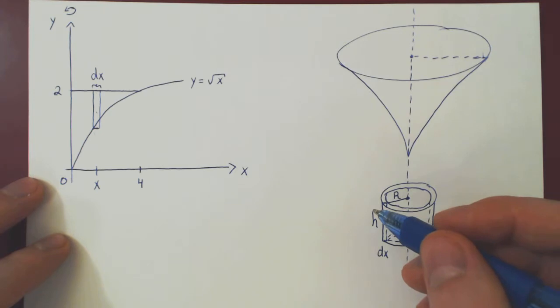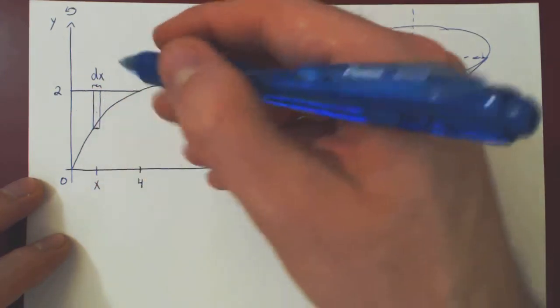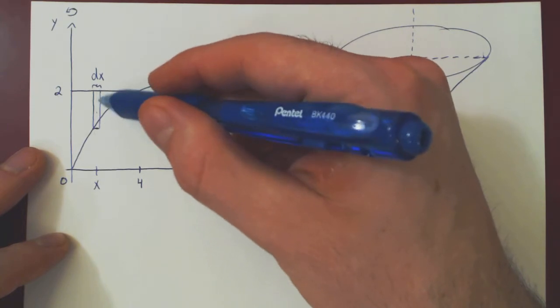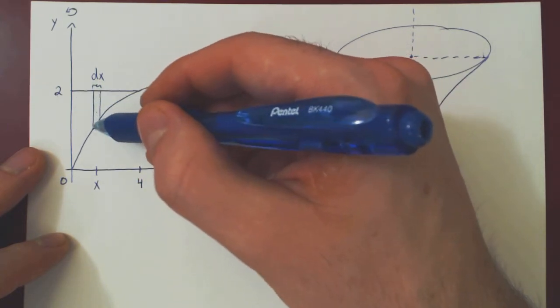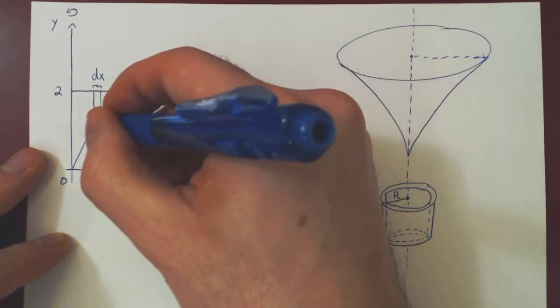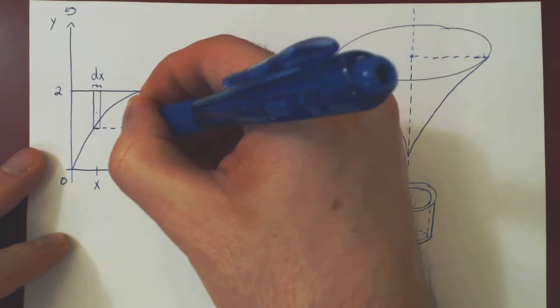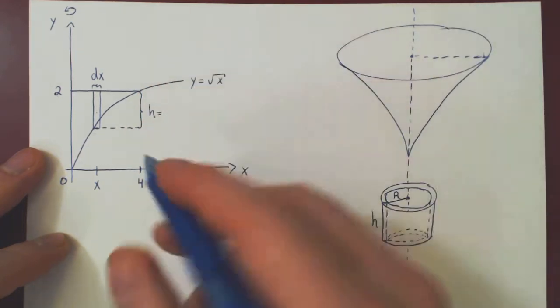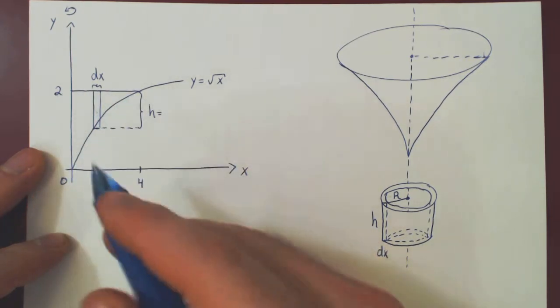First, as I've just said, the height of the shell is the height or the length of the rectangle. That is a line segment along the y-axis, so we need the larger y value minus the smaller y value. So let me extend this segment over here. Now here at the larger y value, y is always equal to 2.